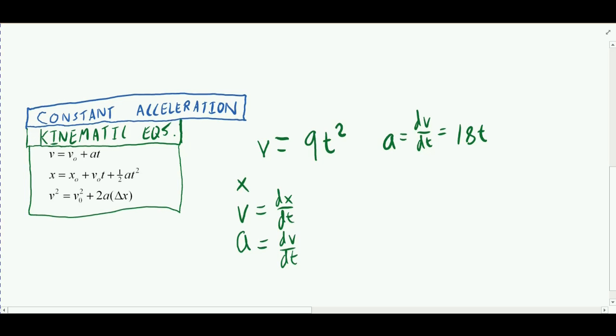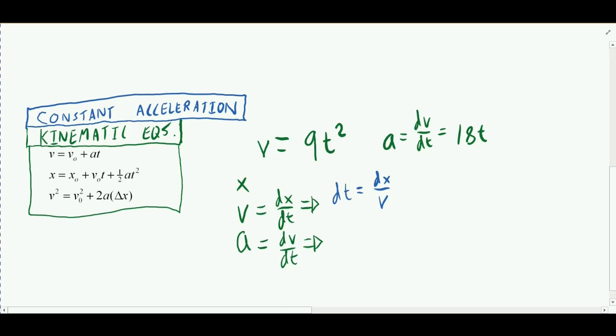So what if we solve both of these equations for dt? Let's go to the blue color. dt for this one, move the dt over there, it's going to be dx divided by v.